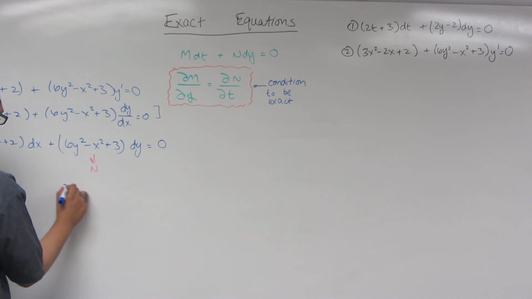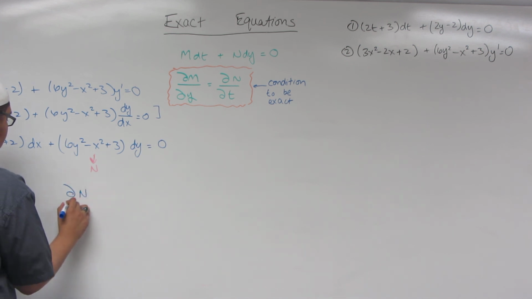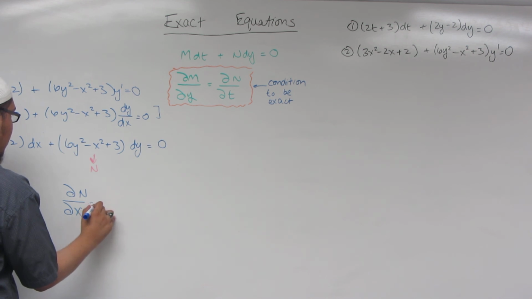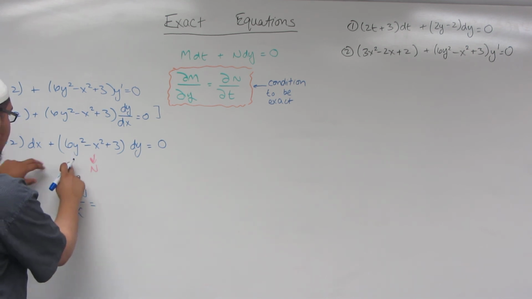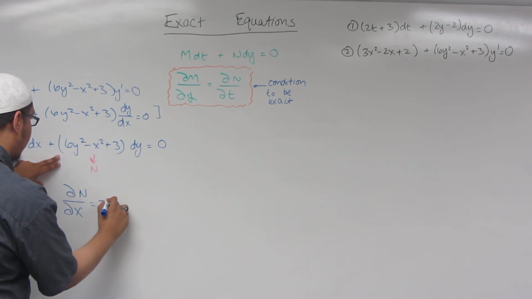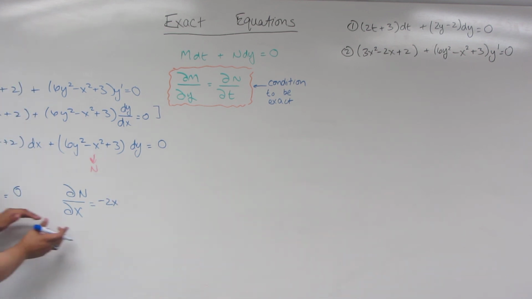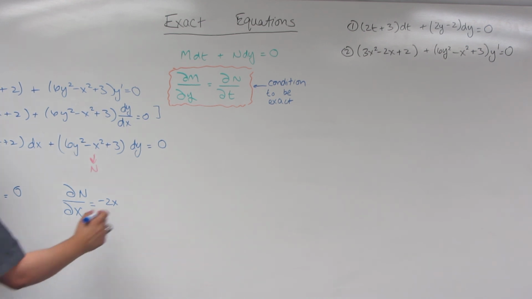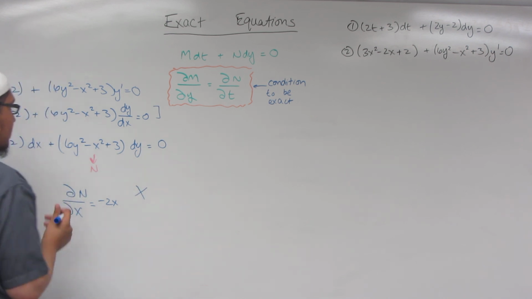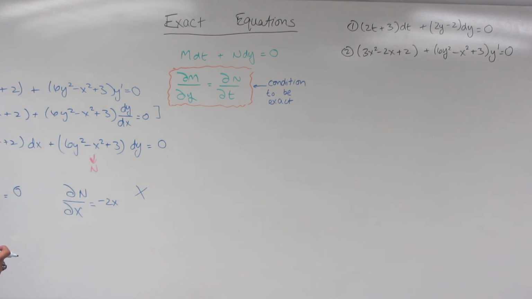The partial of N with respect to x ends up being negative 2x. Okay. Now, is this partial equal to this one? Answer is no. Therefore, this is not an exact differential equation. Same method cannot be used in this particular scenario.